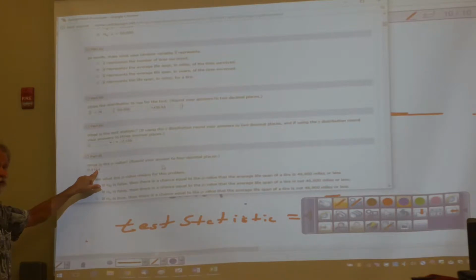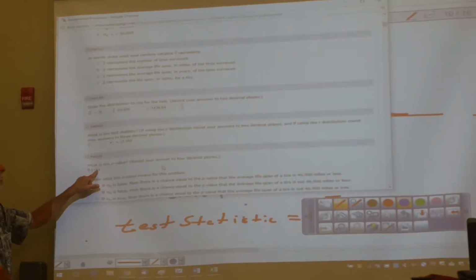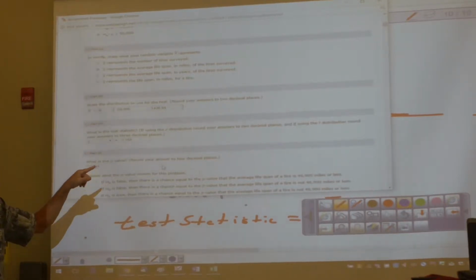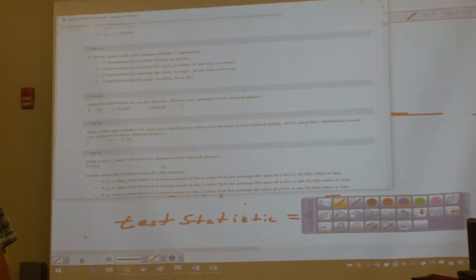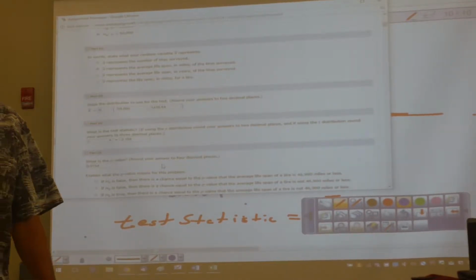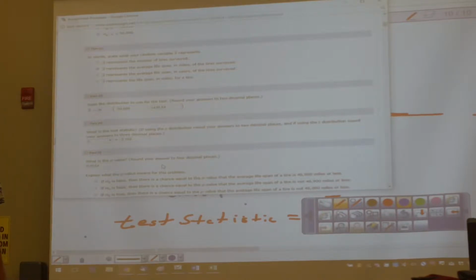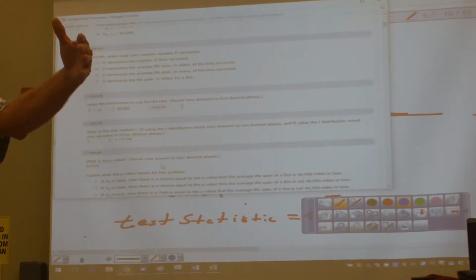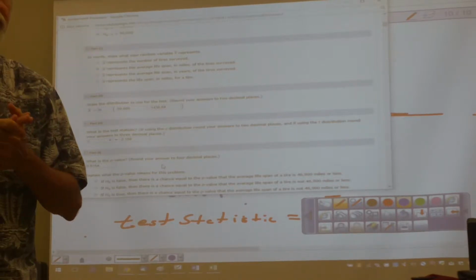The probability that I would get a mean of 46,900, if the actual mean was 50,000, on a sample of 31, is about 1.5 times out of 100. So what this is saying is that's an unusual number. I would not expect that to happen.